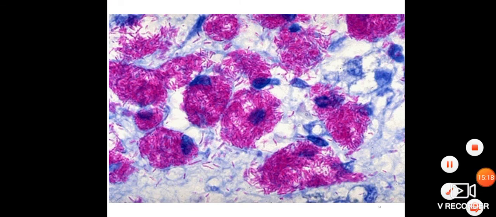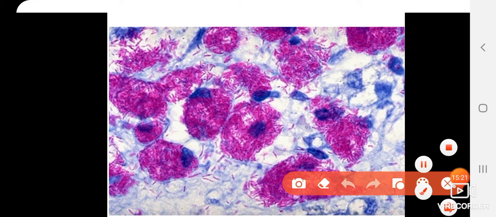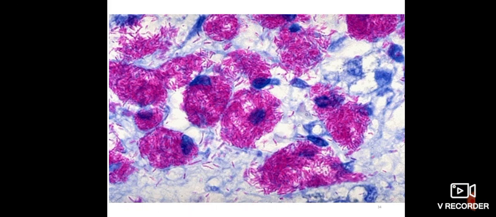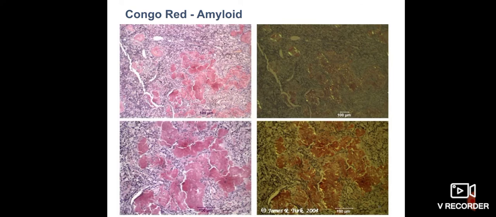This is a case of Mycobacterium leprae, in which you can see these are all histiocytes completely filled with these rod-like pinkish bacilli, that is your lepra bacilli. Then Congo red, as I told you, is mainly done for amyloid. Amyloid will look like pinkish to reddish acellular homogeneous material.